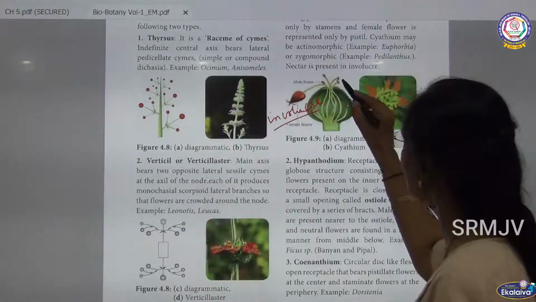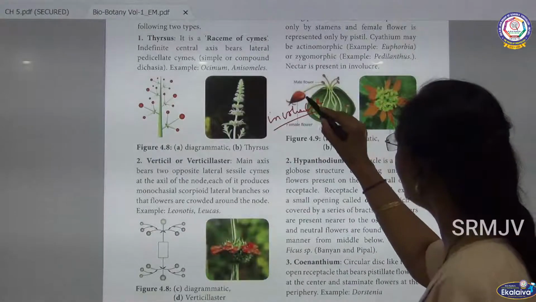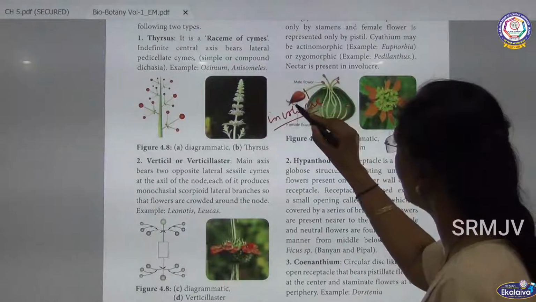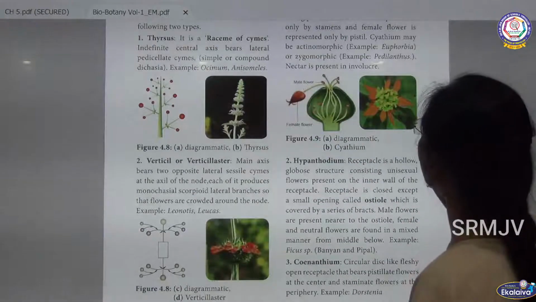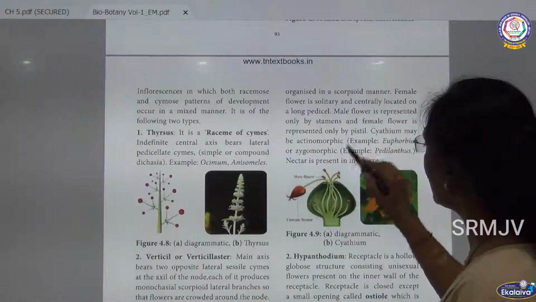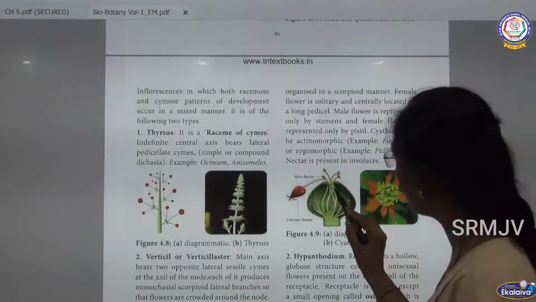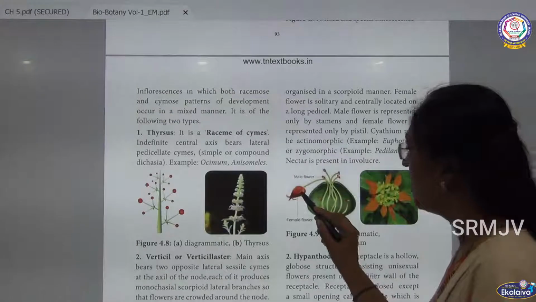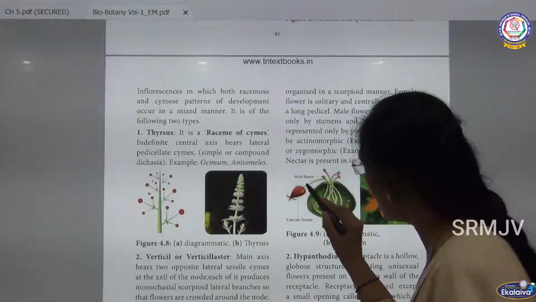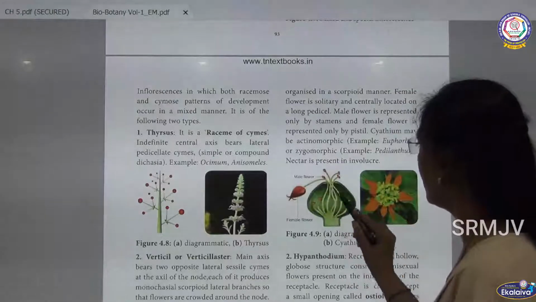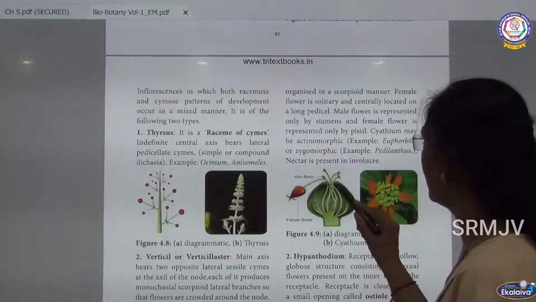These are the male flowers, and you will find a long pedicellate flower, which is the female flower. Here, if you say it is organized in a scorpioid manner, you will find the female flower solitary and centrally located, with a long pedicel, and all the male flowers around it.